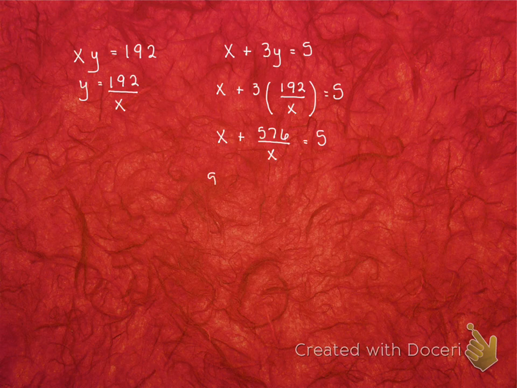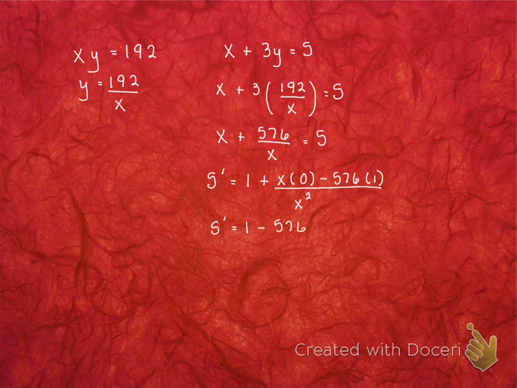Okay. Now S prime, the derivative of x is 1, and then we'll have to use the quotient rule. So x times the derivative of 576 minus 576 times the derivative of x all over x squared gives us that the derivative of the sum is 1 minus 576 over x squared.